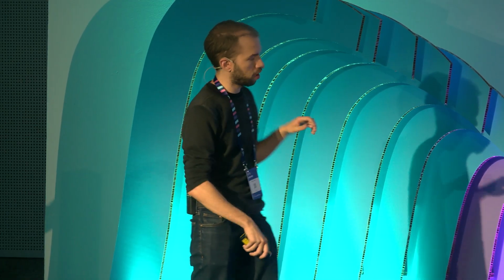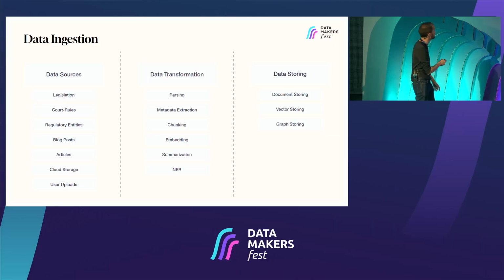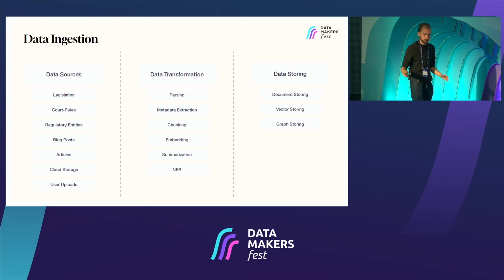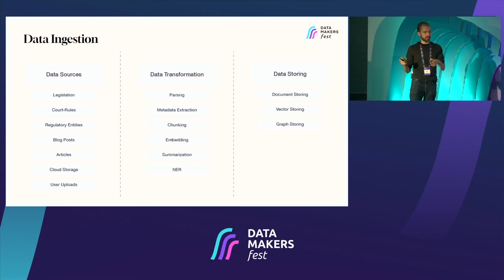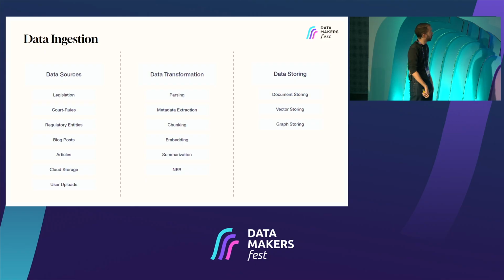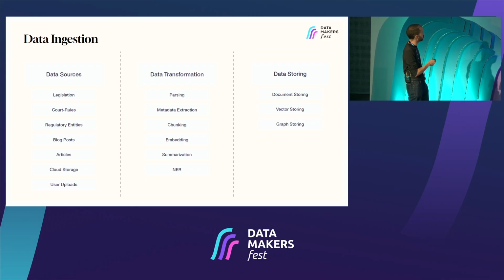First, let's talk about data ingestion. As I said, there are a lot of data sources, some public, some private, with a lot of different structures. For example, legislation and court rules usually come from websites, so HTML, XML, and JSON.